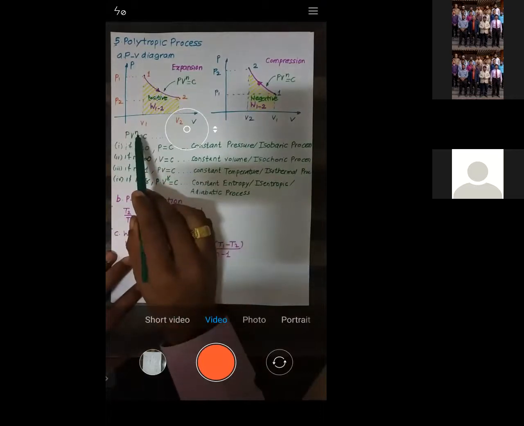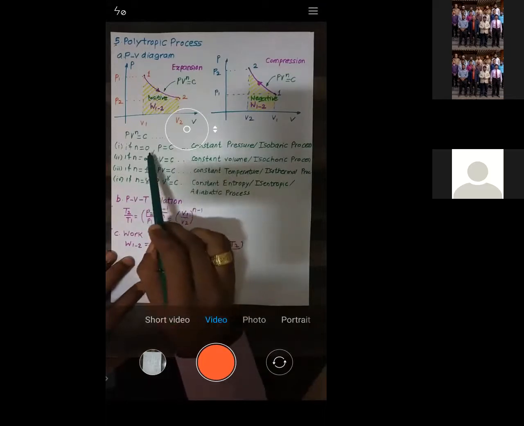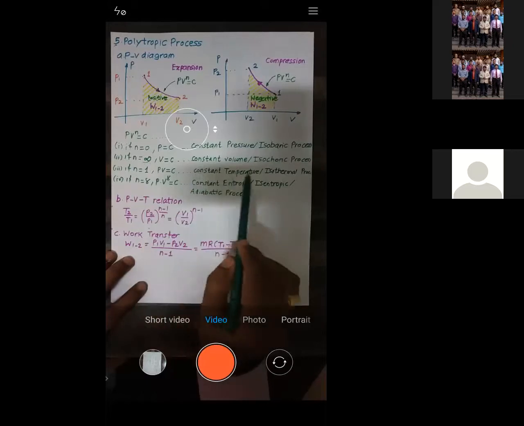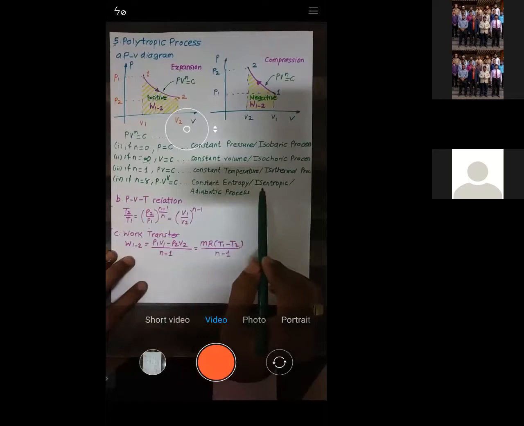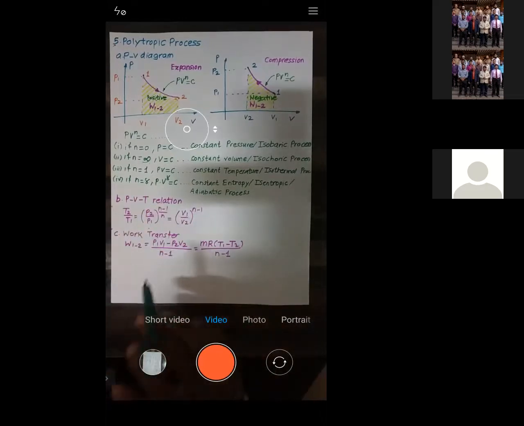In this equation, if you put n equal to 0, you will get constant pressure. If you put n equal to infinity, you will get constant volume. If you put n equal to 1, you will get constant temperature. If you put n equal to gamma, you will get an adiabatic or isentropic process. Now this expression we have already derived in the last process, that is the adiabatic process.